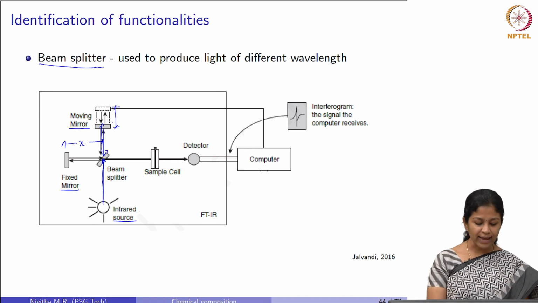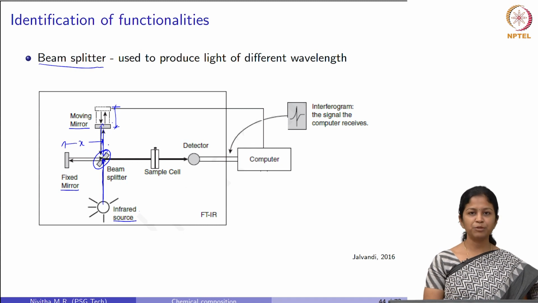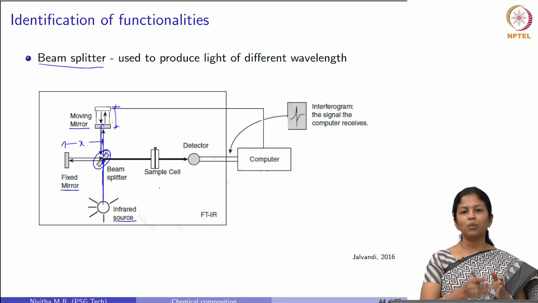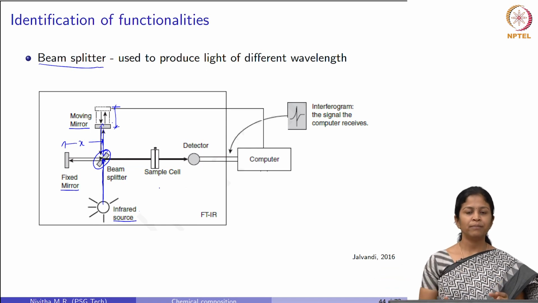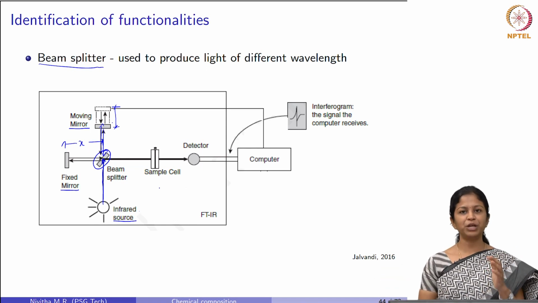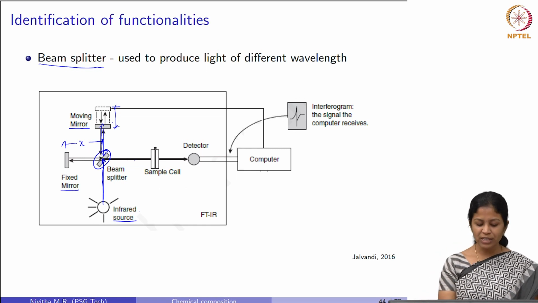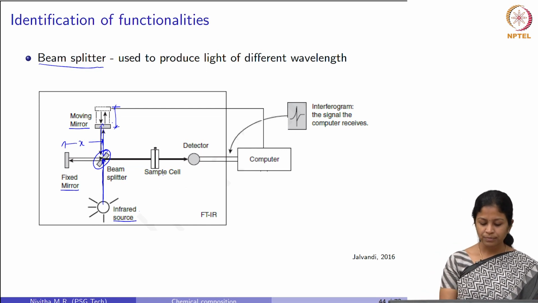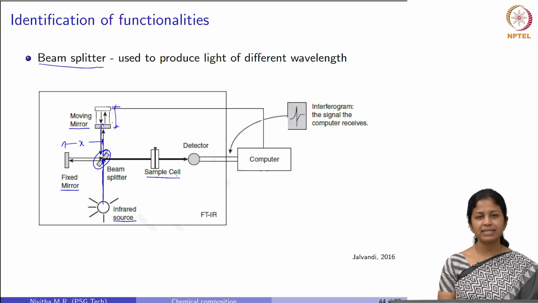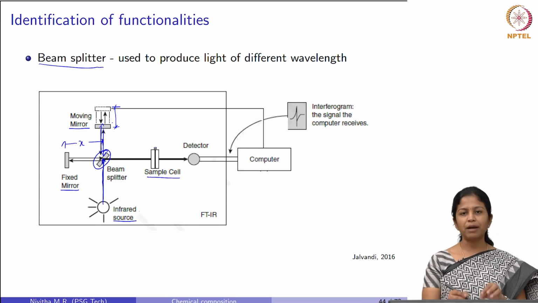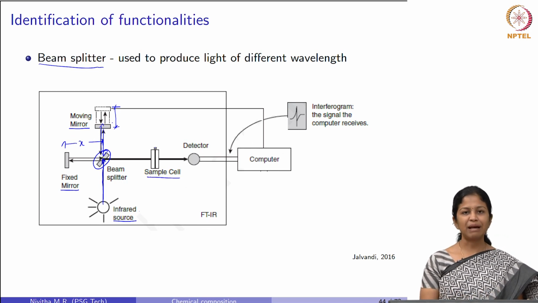These two are again combined back at the beam splitter. So, with respect to time, we are going to have light of different wavelength. That is how light of multiple frequencies is produced. Now, this falls on a sample cell, where we have our material placed.